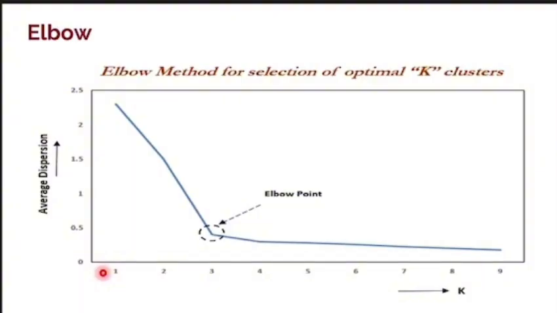Everybody is still in the same group. If everybody is in the same group, of course, we expect the distance, the dispersion, to be high. That's what you're seeing here, right? And as you increase the number of clusters, we expect the average dispersion to go down. But we actually want to identify what the optimal k is going to be.